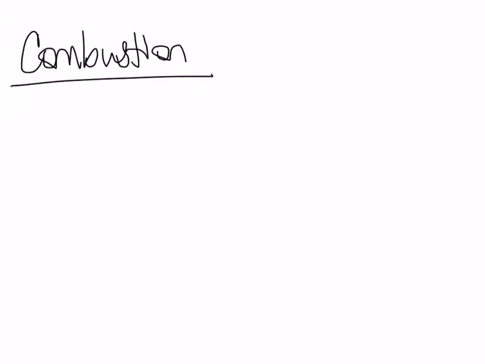All right, let's look at combustion. Predicting the products for a combustion reaction is pretty simple because most combustions are just synthesis reactions that have oxygen. So for example, we actually just did one a minute ago.